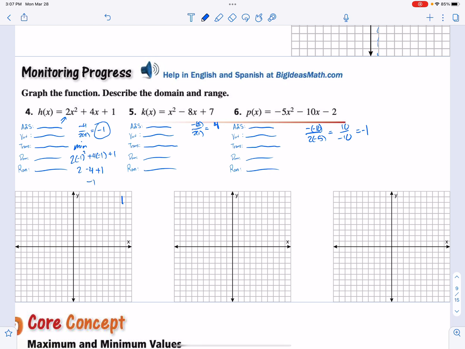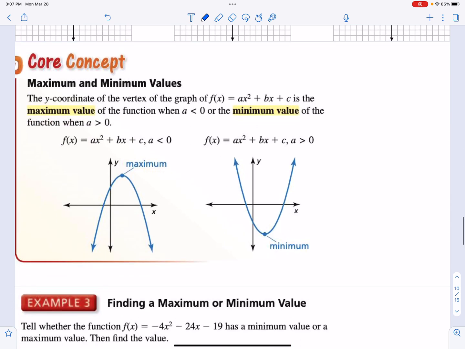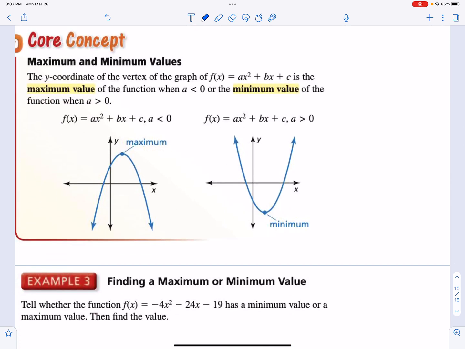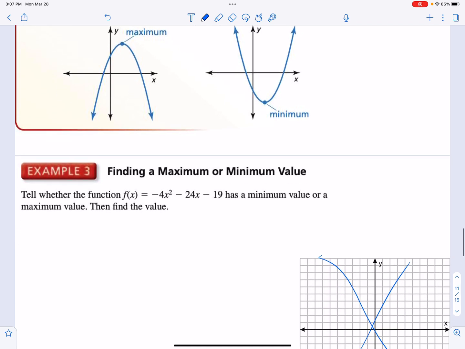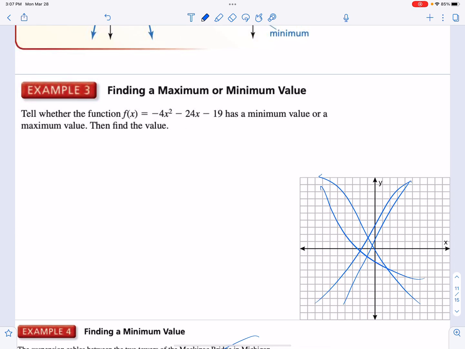So my min value is negative 1 comma negative 1. Okay, it's no different than your vertex. It's exactly your vertex. You're just going to call it a minimum if it opens up and a maximum if it opens down.